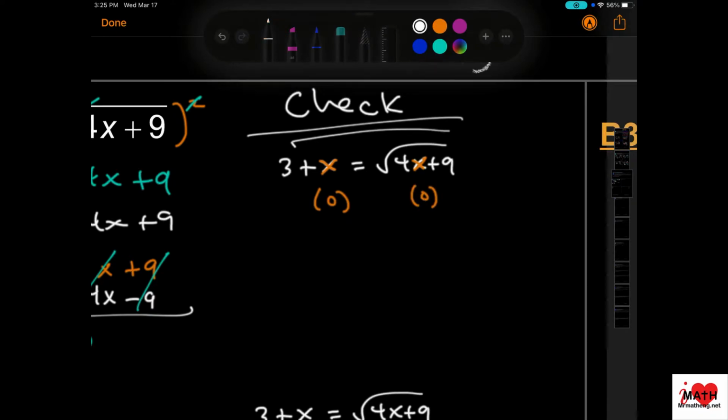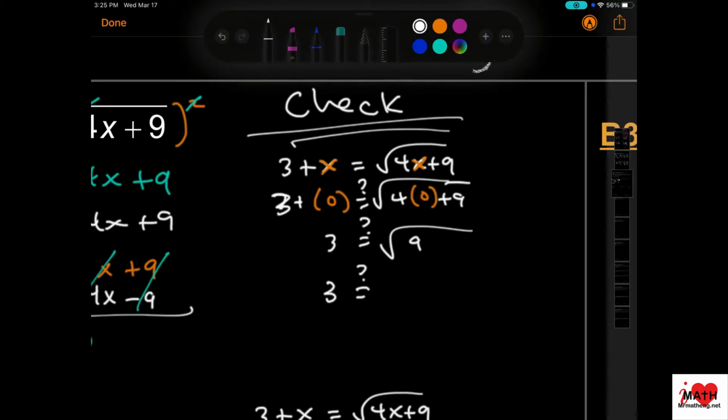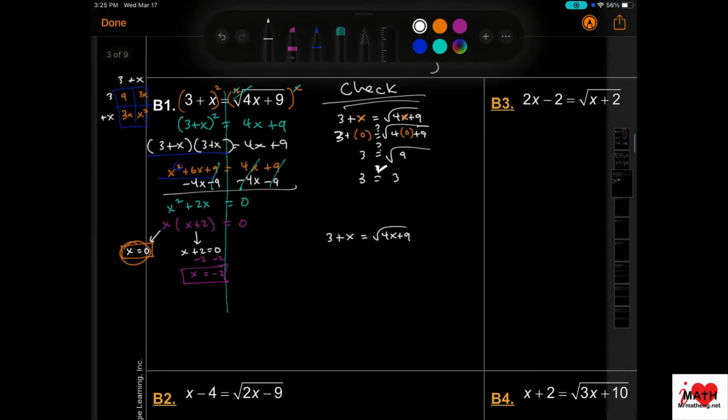And let's just see if this works. Are they going to be equal? So I have 3 plus 0 on this side, and square root of 4 times 0 plus 9. This side's going to be 3. And I'm going to get 4 times 0, which is 0, and 0 plus 9 is 9. Square root of 9 is 3. So does 3 equal 3? I'm going to put a check mark right here. What does this tell me? This one down here works.